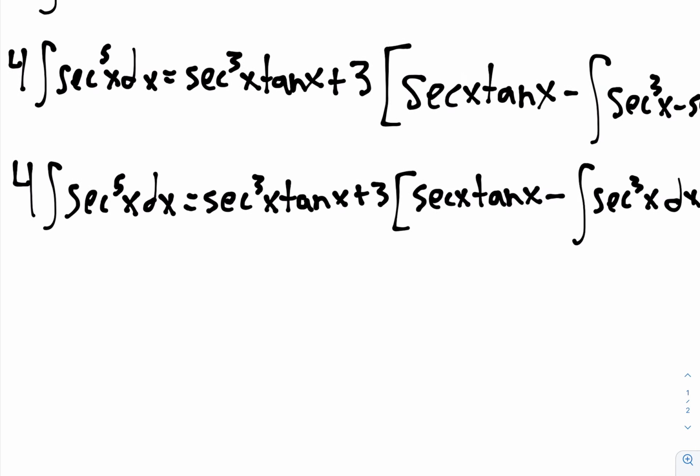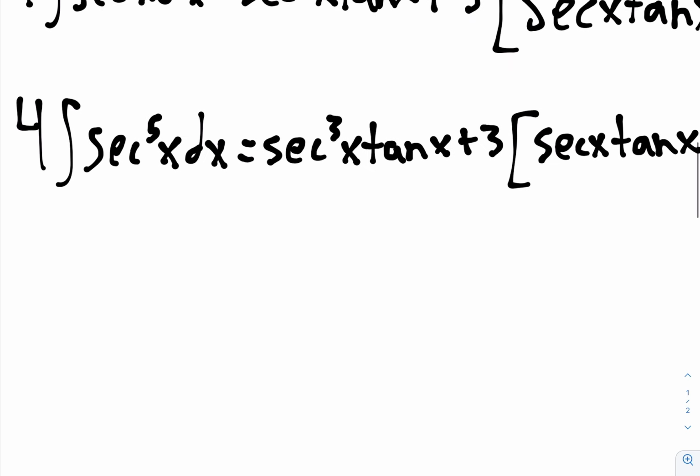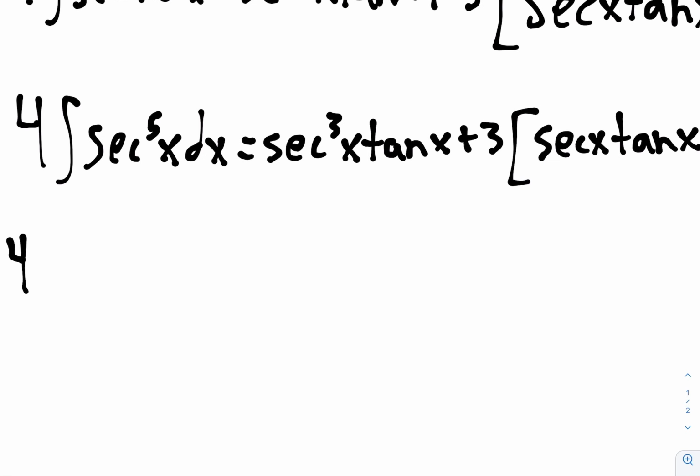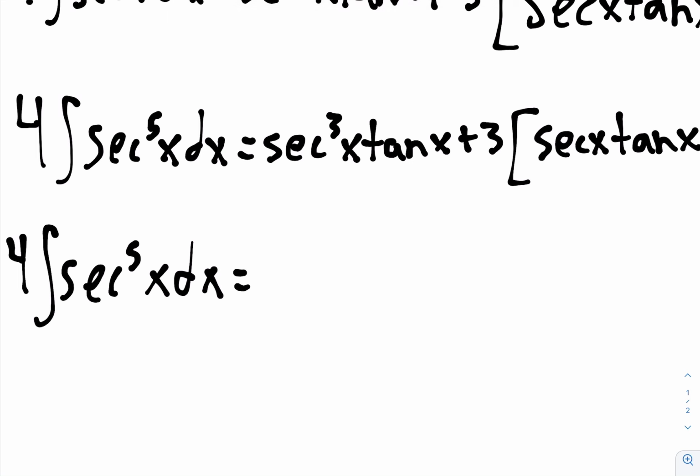So when we rewrite this all out, we're going to get 4 times the integral of secant to the 5th x dx equals secant cubed x tan x plus 3.